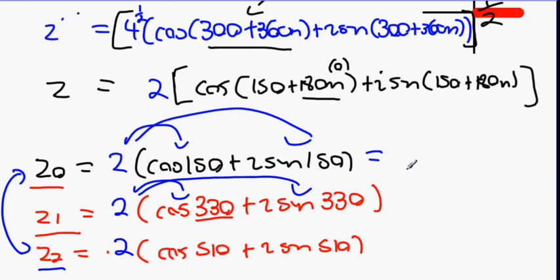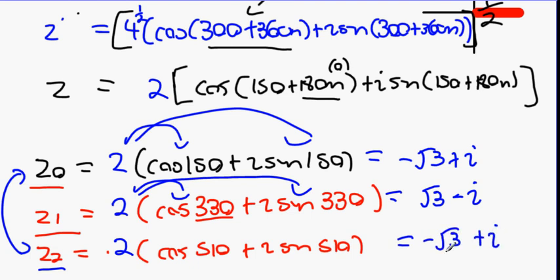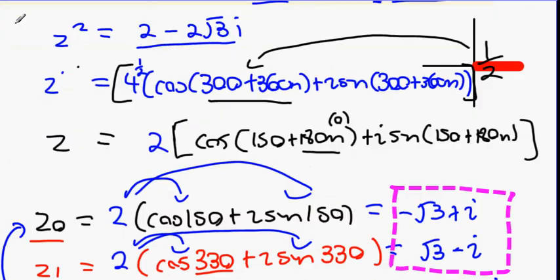And what we're going to get is minus root 3 plus i. And the other one here is going to be root 3 minus i, and then the next one here will be minus root 3 plus i again. So we see they're repeated, so these are our 2 roots here and here. Okay, and that is question 5 done.